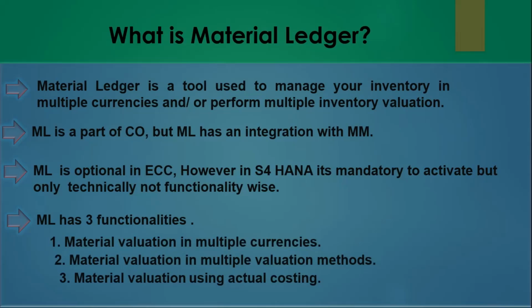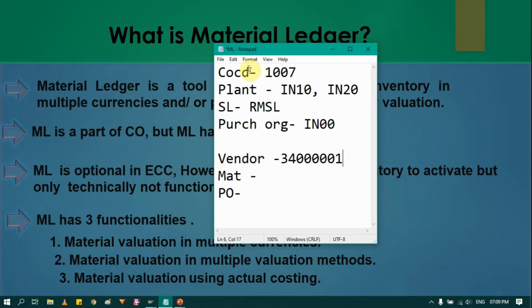Here I have already created one organization structure that I'm going to use: this company code 1007, IN10 plant, this location, this purchase organization and this vendor.